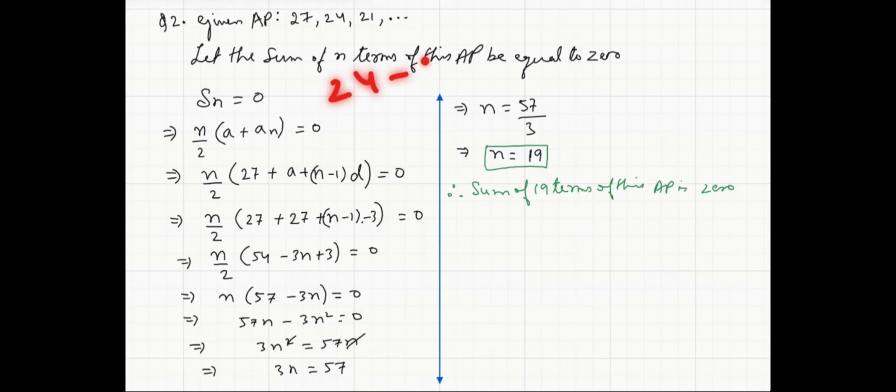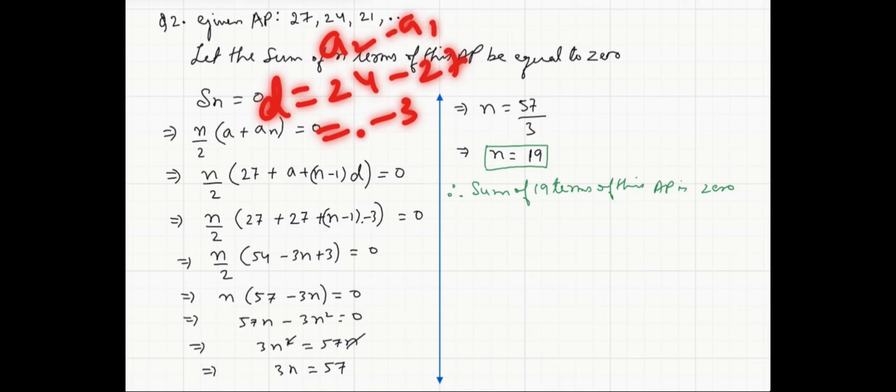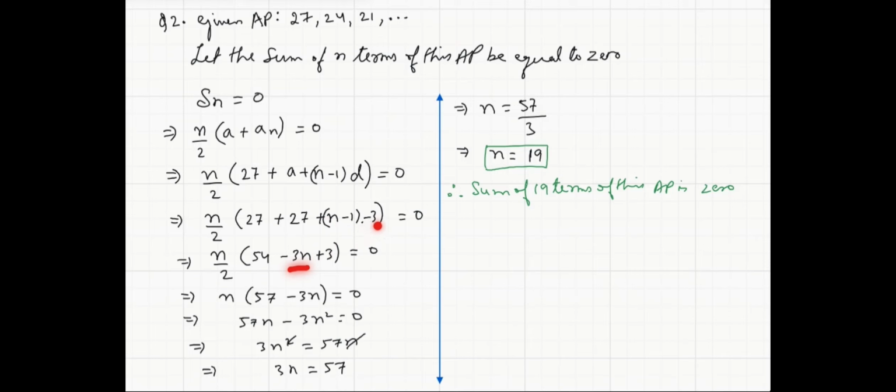D is minus 3, that is A2 minus A1. Now, D equal to minus 3, we have minus 3 times n equal to minus 3n, minus 3 times minus 1 is plus 3, and here we have 27 plus 27 is 54. N by 2 equal to 54 minus 3n plus 3, 54 plus 3 is 57, and these two gets multiplied to give 0.